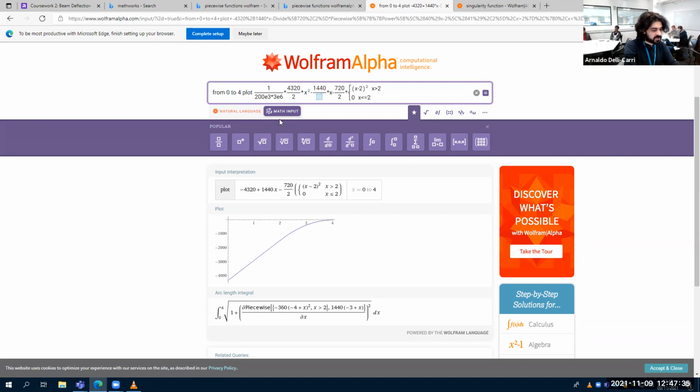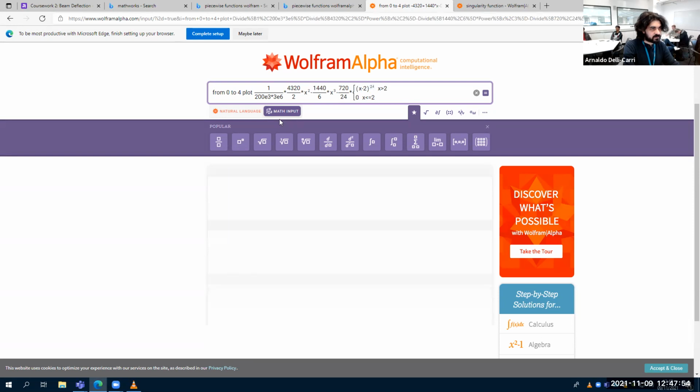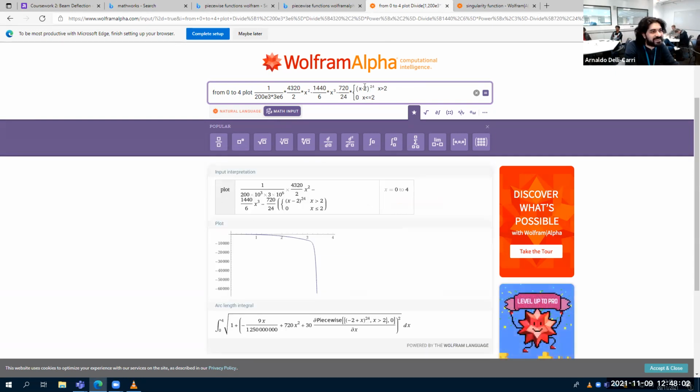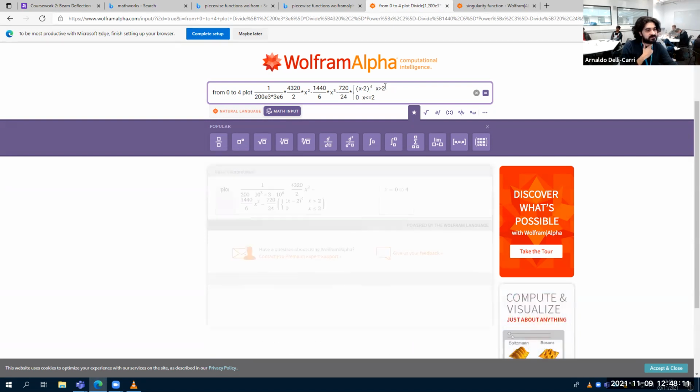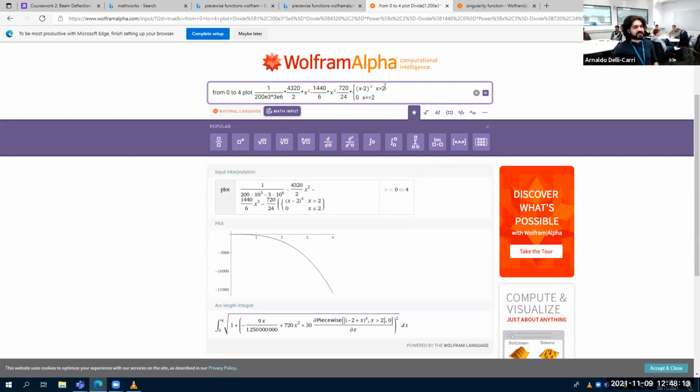This one is divided by 6 and is x cubed. And this is 720 divided by 24, x minus 2 to the power of 4. Are you sure that it's to the power of 24? No. In fact, this is very bad. Power of 4. There you go. This is the deflected shape of this beam.